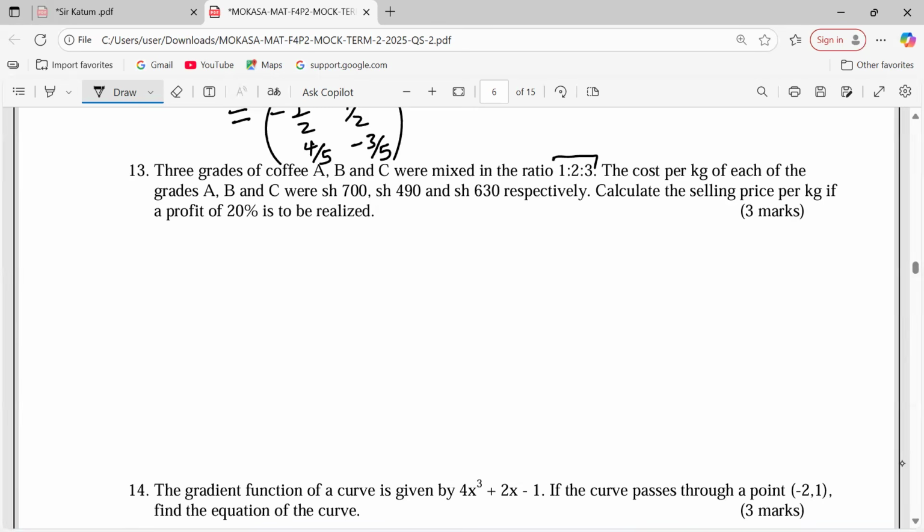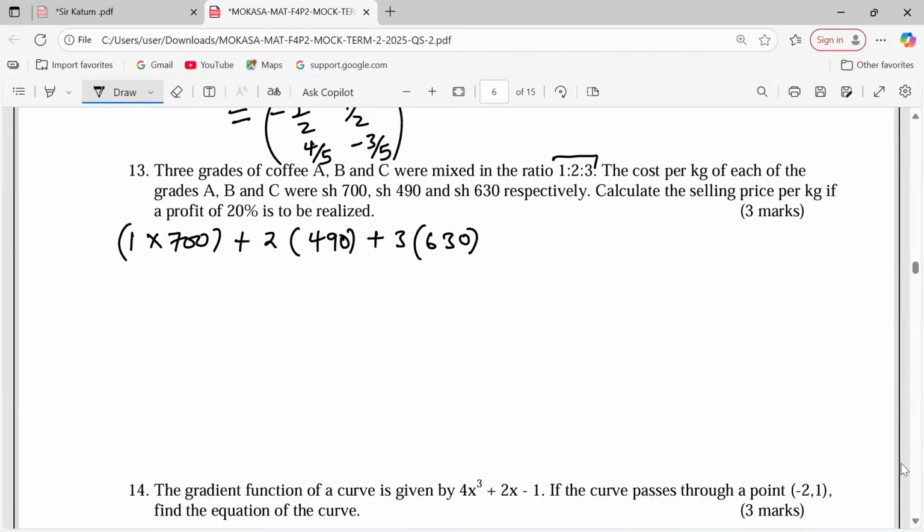Calculate the selling price per kg if a profit of 20% is to be realized. Let's get first the cost price of a kilogram. We are mixing 1 kilogram costing 700 with 2 kilograms, each costing 490, with 3 kilograms, each costing 630.